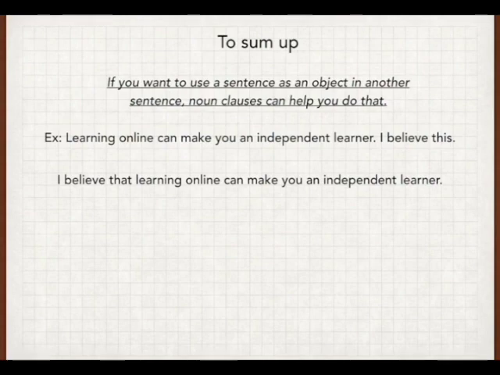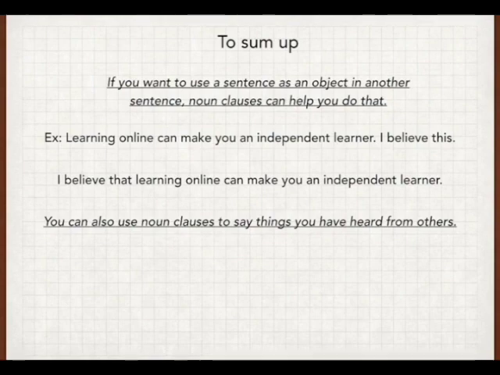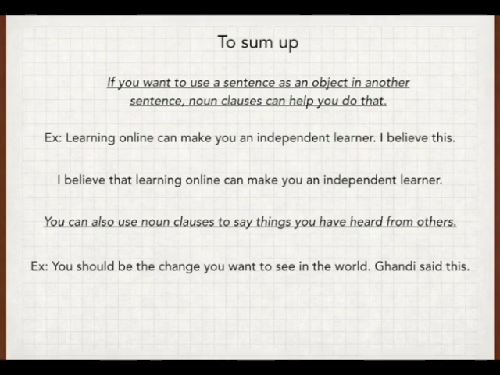And this is very true. I really believe it. It is difficult to learn online, but you are responsible for what you learn, so you will become more independent. You can also use noun clauses to say things you have heard from others. I'll give you an example. You should be the change you want to see in the world. Gandhi said this. Now, this is a very beautiful sentence.